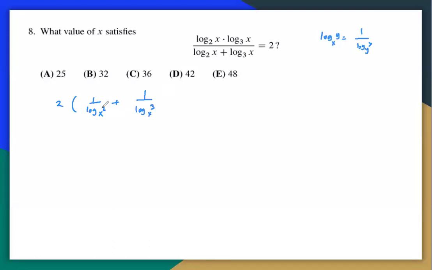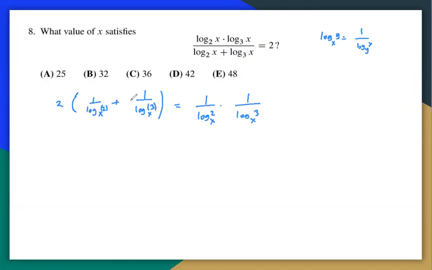So this is not x squared, this is just the argument. I should be making that obvious. Okay, so this is what we have for one side, and then this guy would be written as 1 over log base x of 2 times log base x of 3.